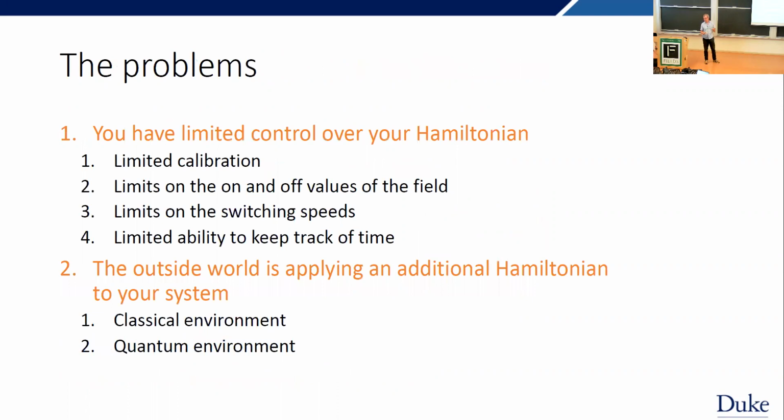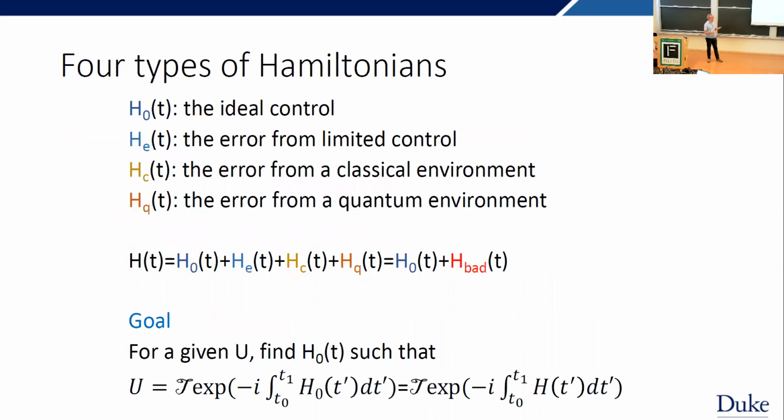So when we go into the lab, we have a bunch of issues, which is all of our control is limited. And then we have the issue that we don't control the environment. The environment belongs to these external forces. Nevertheless, if we take this view that everything is Hamiltonians, life is not too bad. So there's the Hamiltonian that we'd really like to do, which is the ideal Hamiltonian.